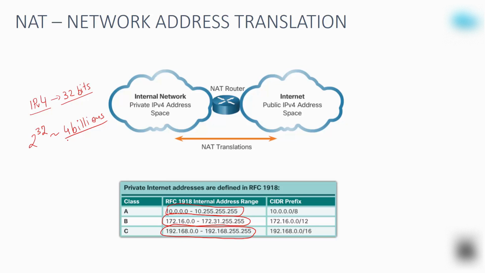Imagine that you are a user of the internet and you have some equipment. For example, I have one notebook, one computer, and one smartphone, and these three devices are connected to the internet.